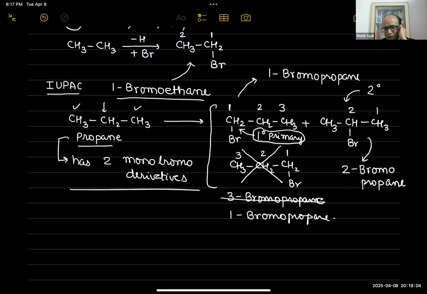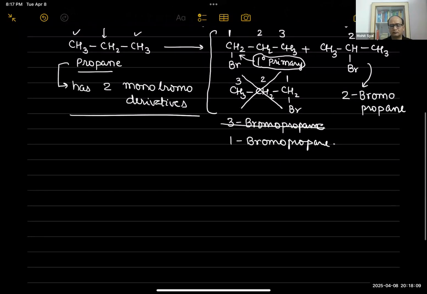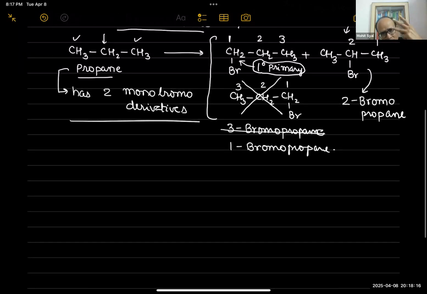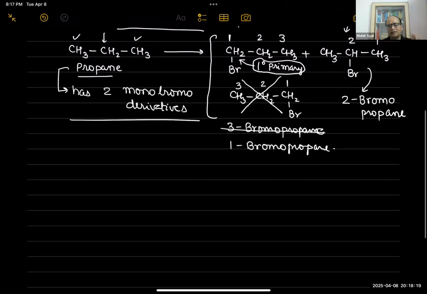Yes. And what do you mean by tertiary? Bromine attached to the third carbon. Yeah, bromine attached to a carbon which is connected to 3 different carbons. That is tertiary. Okay. Is that clear? Yes, sir. This is an example of a tertiary haloalkane.